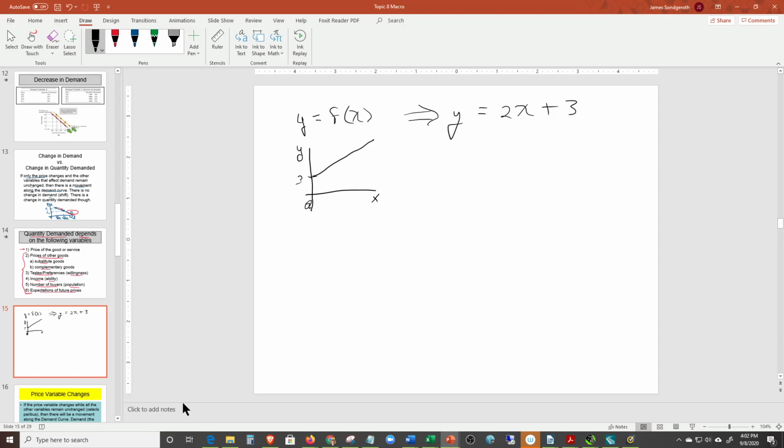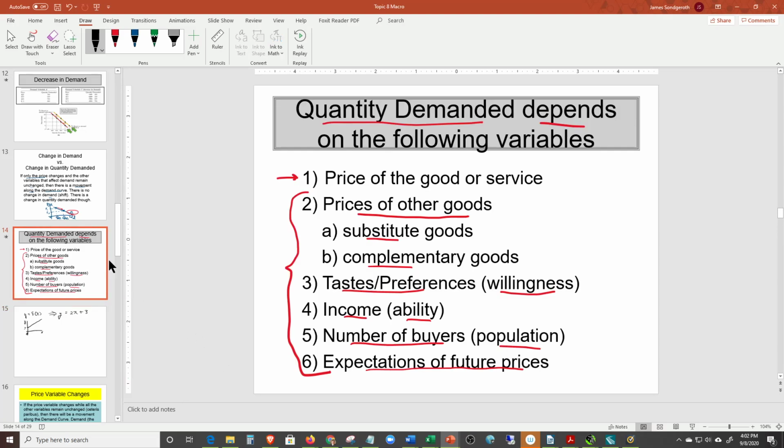So basically, if we go back to the previous one, if you want to think of quantity demanded being y, the price of the good, that's x1, but we have other variables that can influence y. We have x2, x3, x4, x5, and x6, right?